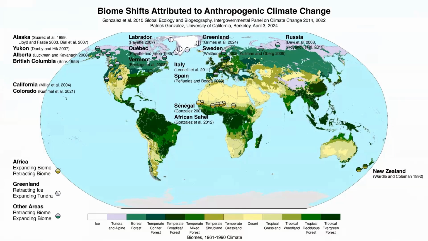And so we see in boreal, temperate, and tropical ecosystems, these biome shifts around the world, many in North America, as you see, but widespread around the world in places where ecologists have actually looked. It's possible it's occurred in many other places, but these are the places documented with published research of time series.